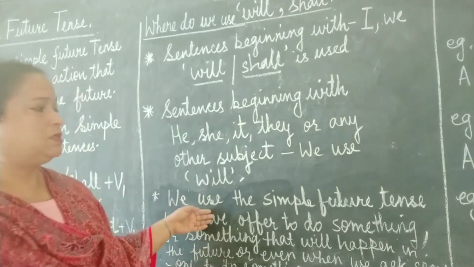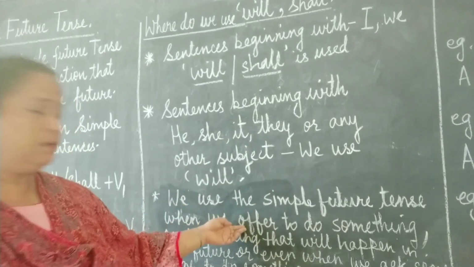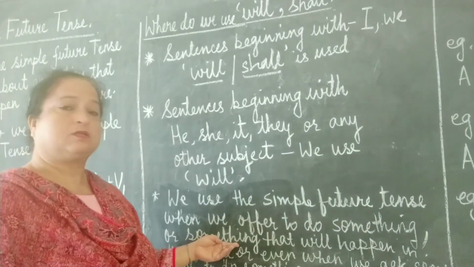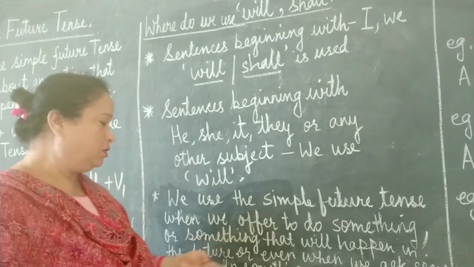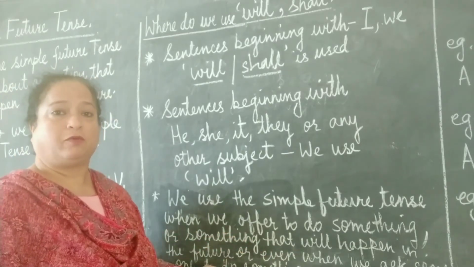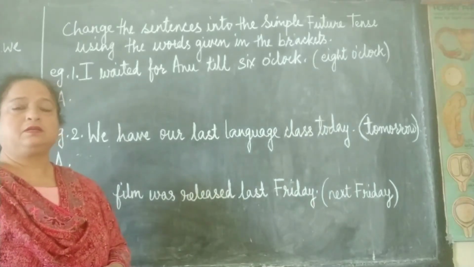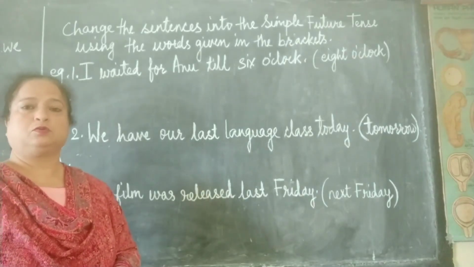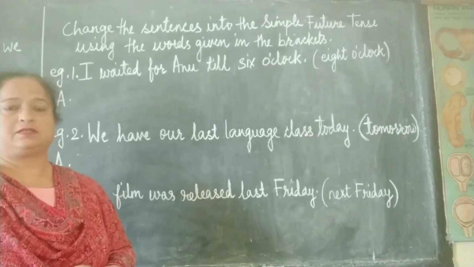We use the simple future tense when we offer to do something or when something is going to happen or we are talking about something that will happen in the future, or even when we ask someone to do something for us.